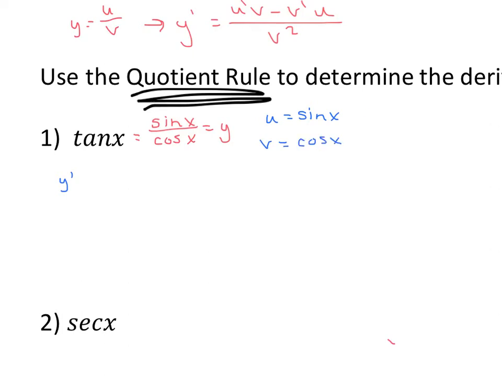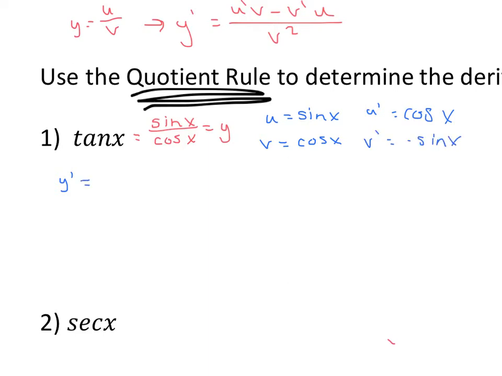So u prime, the derivative of sine of x, you already know is cosine of x. Then you also know that v prime would be negative sine of x.